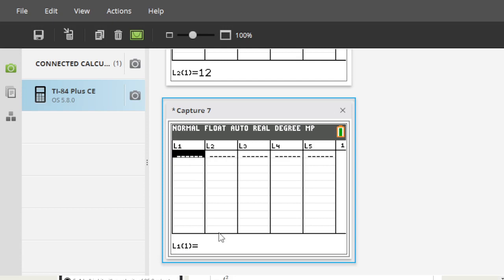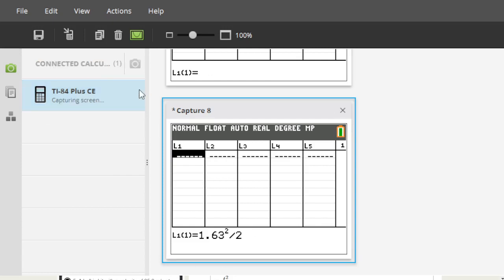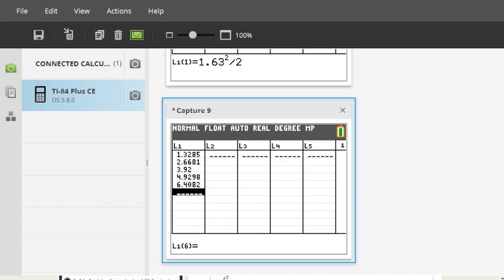So we can enter them as t squared over 2. You'll notice I typed in the bottom our first time, 1.63 squared divided by 2. We can enter all of our times that way. And here's all of our x's.